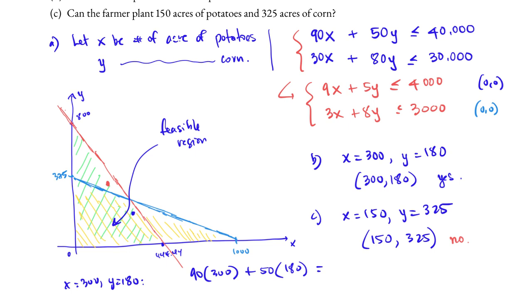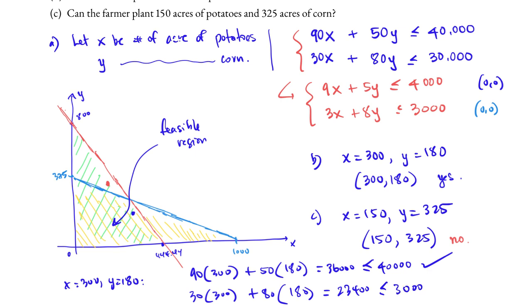And we see that this is 36,000, so that is well less than 40,000, so that checks. We still need to check the second inequality. 30 times x, x is 300, plus 80 times y, y is 180. And this is 23,400, and this is well less than 30,000.